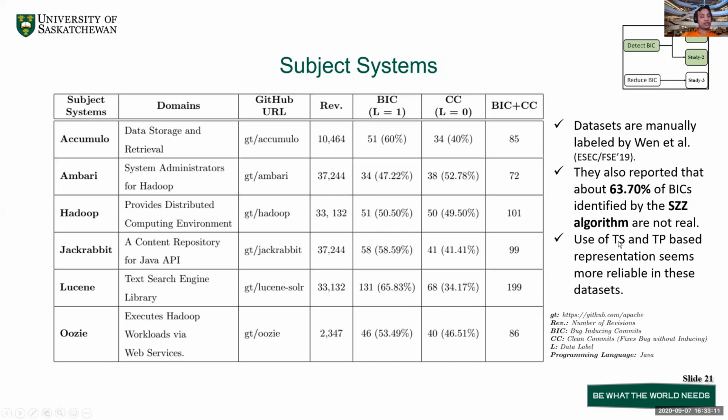As I am going to evaluate the effectiveness of token sequence and token pattern based features to detect bug-inducing commits, I used those manually investigated datasets, which seem reliable to me.